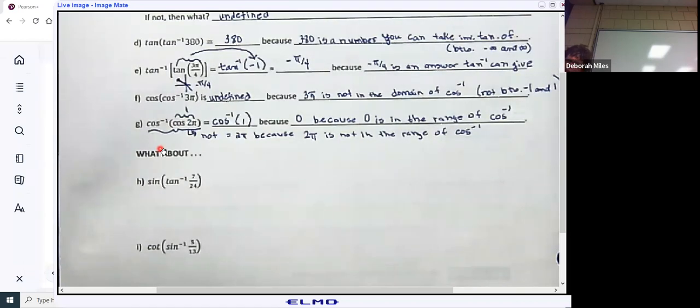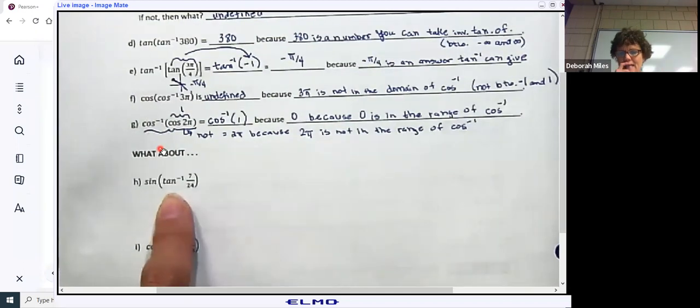In the H part, is there any circumstance under which I could say sine and inverse tangent undo each other? No, they're not inverses of each other. Can I squint really hard and evaluate this inner part?